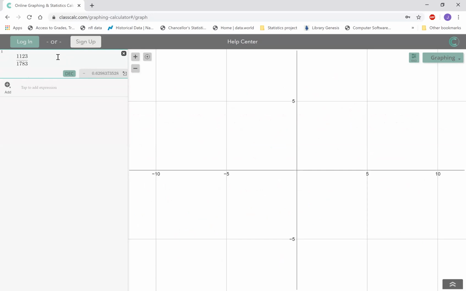So we get 0.6298, and that's our final answer for the point estimate. Any questions in regard to our point estimate? All right, perfect.